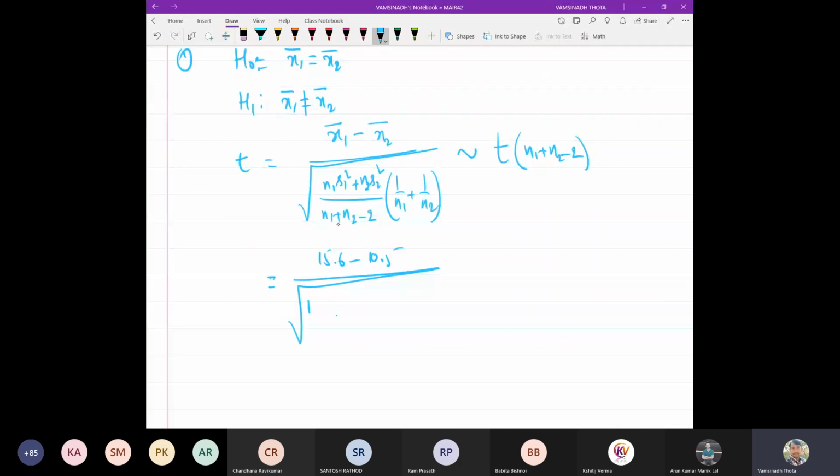So 11 times s1 square, which is 3.2, plus 8 times s2 square, which is 1.5, upon 11 plus 8 minus 2, times 1 upon 11 plus 1 upon 8. Find the value and tell me.